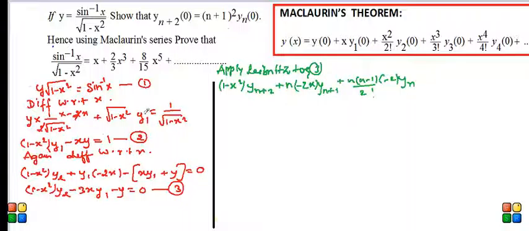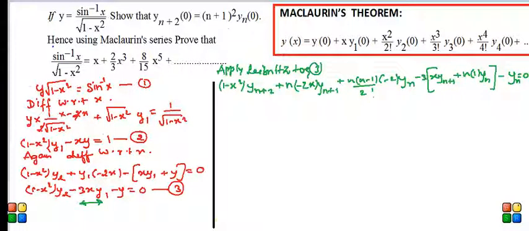To the second term, again Leibniz, minus 3 common, x as it is yn plus 1 plus n 1 yn. Now to the third, yn is equal to 0.